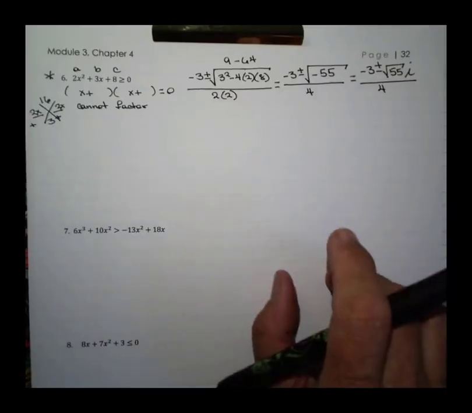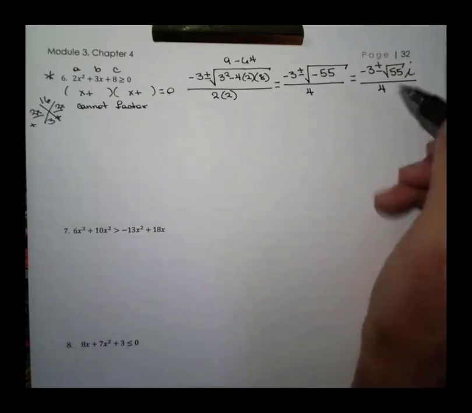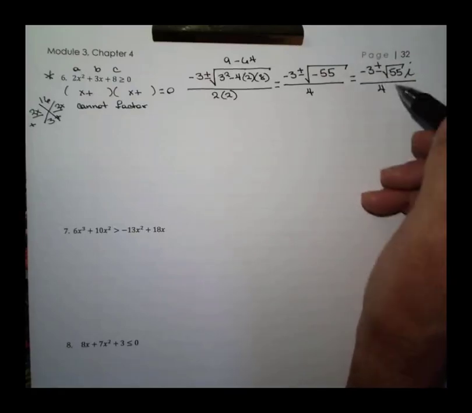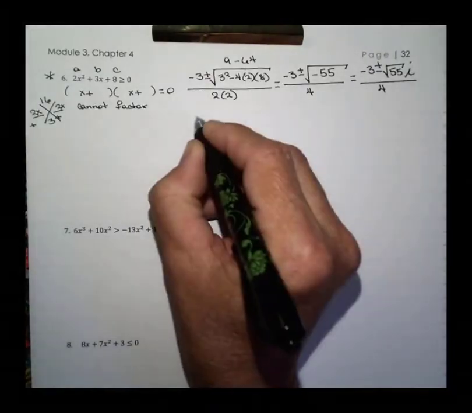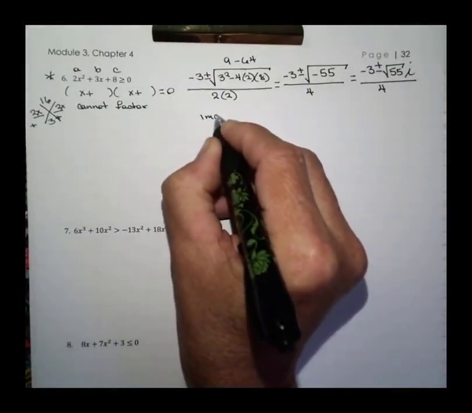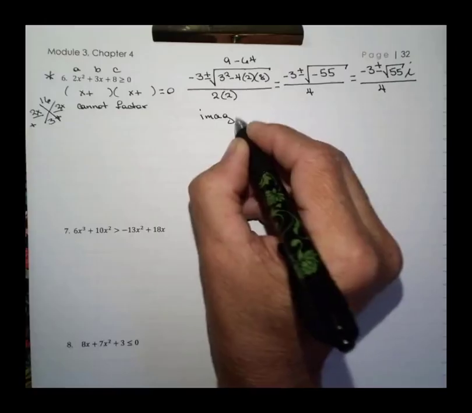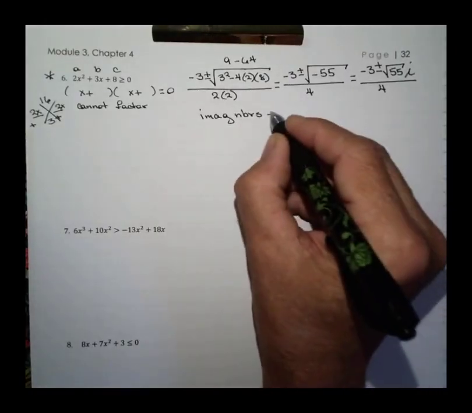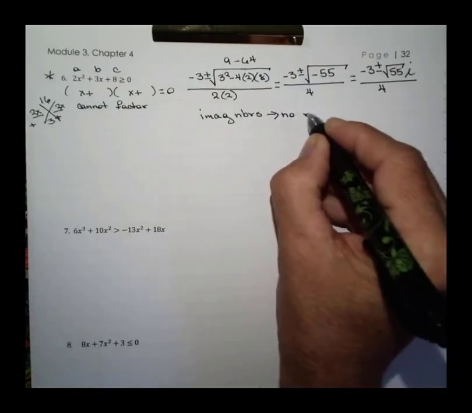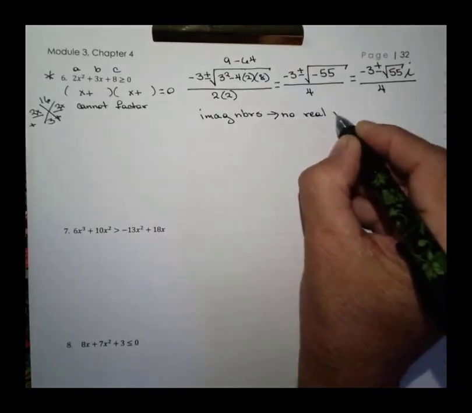So what exactly does it mean that my boundary points are not real? Now this is what I wanted you to get. These boundary points are imaginary numbers. So we have no real roots.